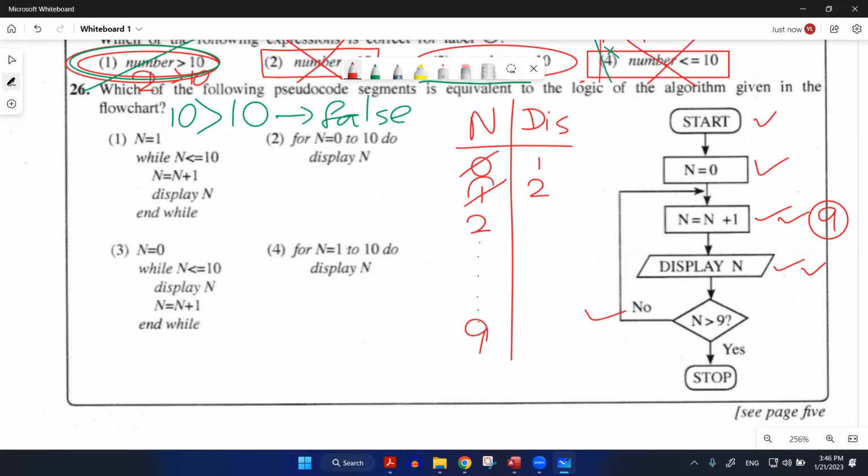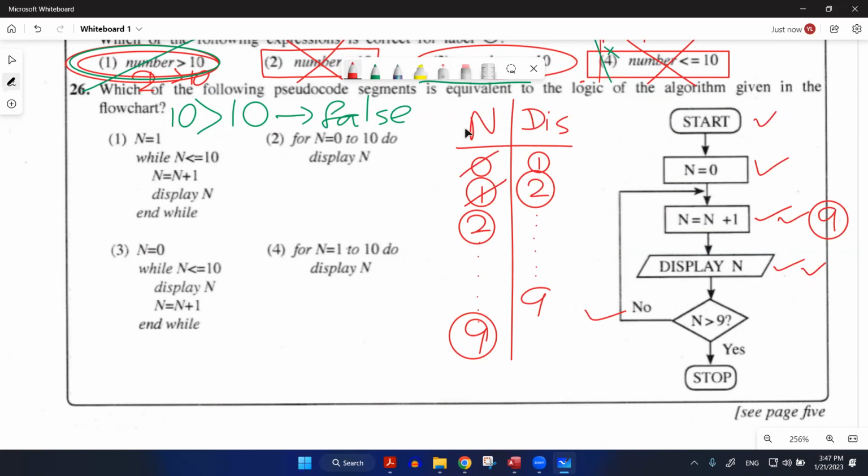So when n is 1, n was printed. When n is 2, n was printed or displayed. So likewise, when n is 9, 9 will be displayed. That means from values 1 to 9.